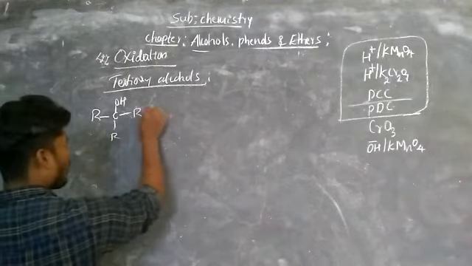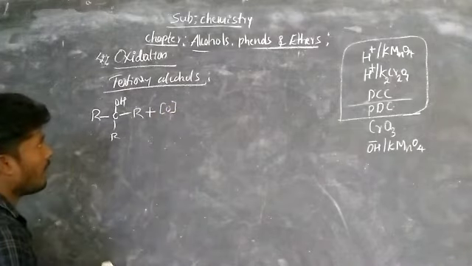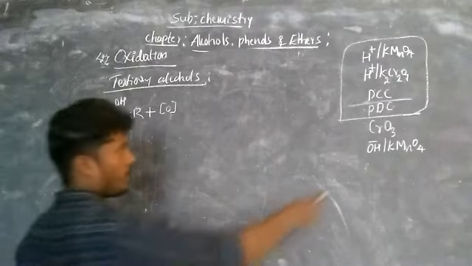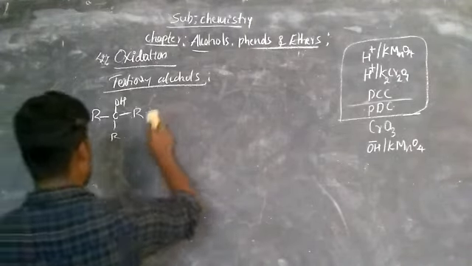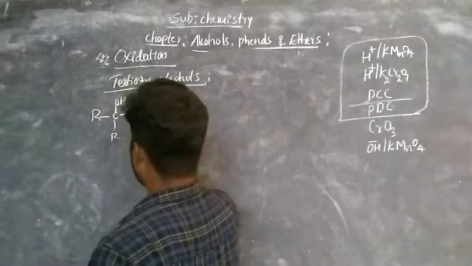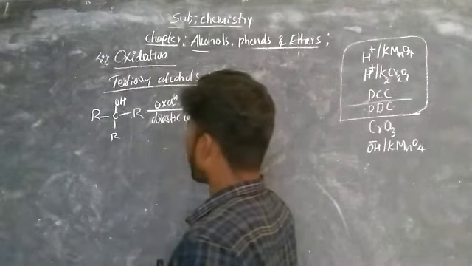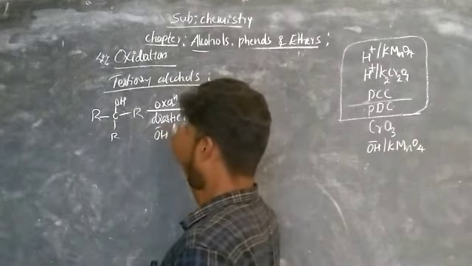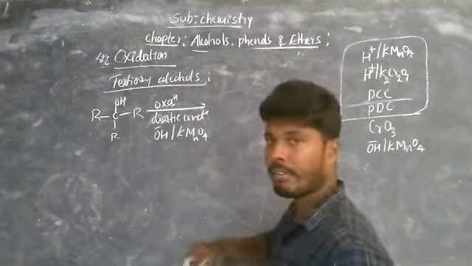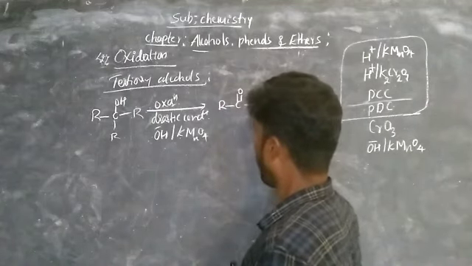This tertiary alcohol is oxidized in presence of basic alkaline permanganate, that is potassium permanganate, under drastic condition, in presence of alkaline, that is basic, KMnO4 potassium permanganate. It gives ketones, that is C double bond O bond R.